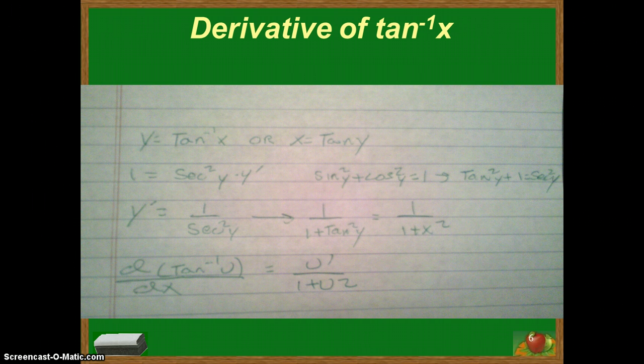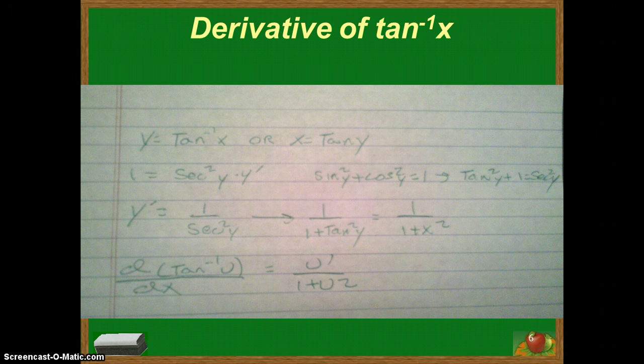Okay, so now y prime again equals 1 over secant squared of y. That is the same thing as 1 over 1 plus tangent squared of y using my new identity. But remember in the beginning we said tangent of y was x, so that would be the same thing as 1 over 1 plus x squared.